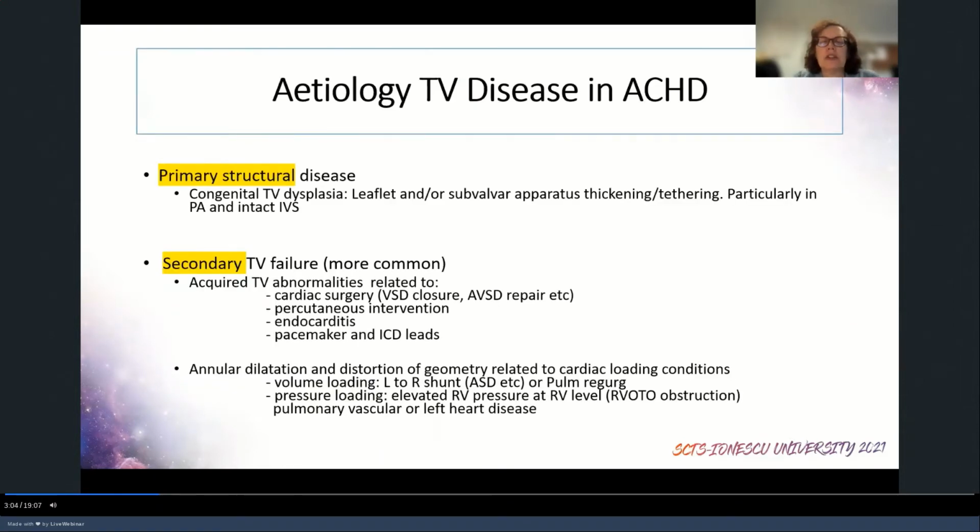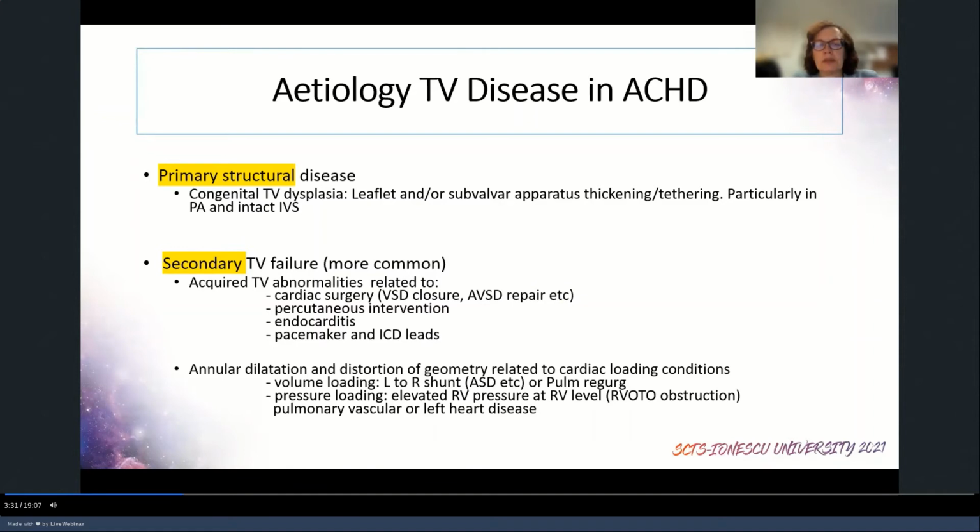The etiology of tricuspid valve disease in adult congenital heart disease can be split into primary and secondary. The primary structural disease involves congenital disease with quite often leaflet and subvalvular apparatus thickening, as we, for example, see in pulmonary atresia and intact ventricular septum.